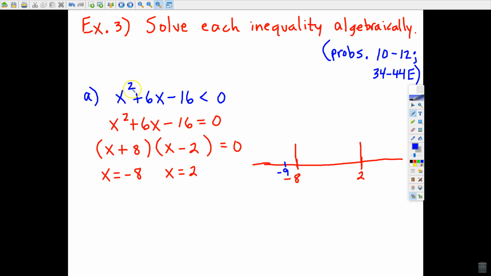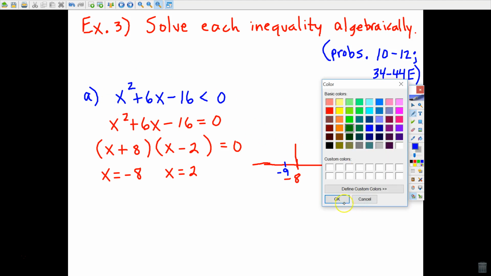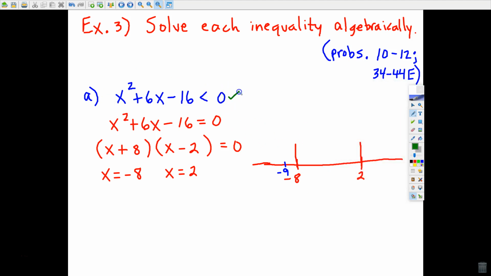Okay, and I'm going to plug negative 9 back in to my original inequality. And my goal is to see if negative 9 makes this a true statement. So let's see. Negative 9 squared plus 6 times negative 9 minus 16.